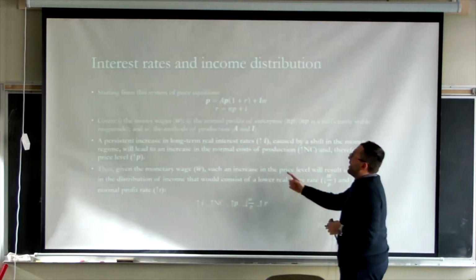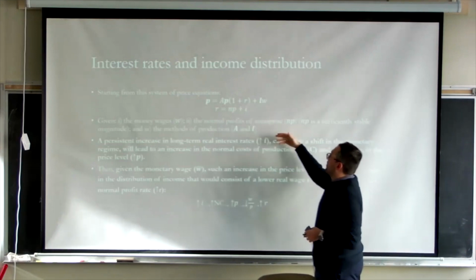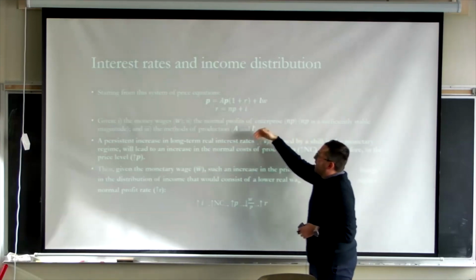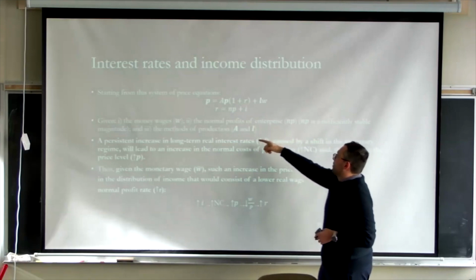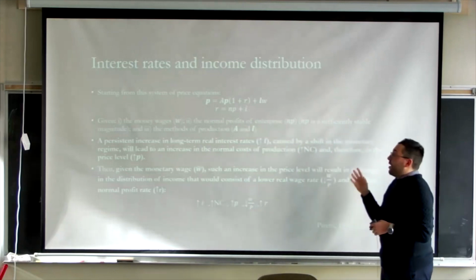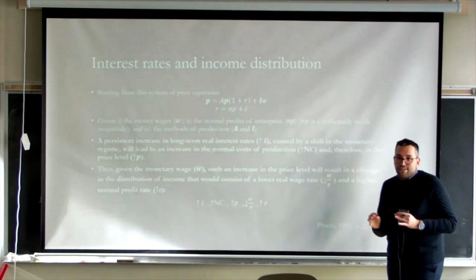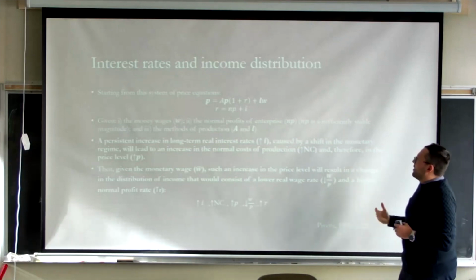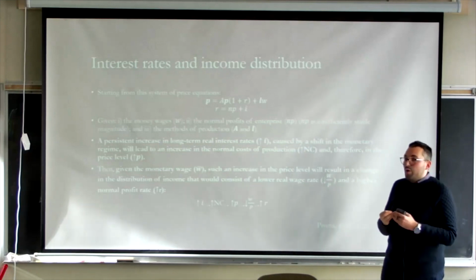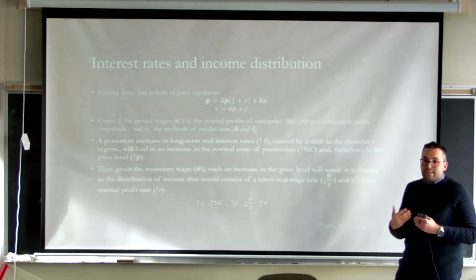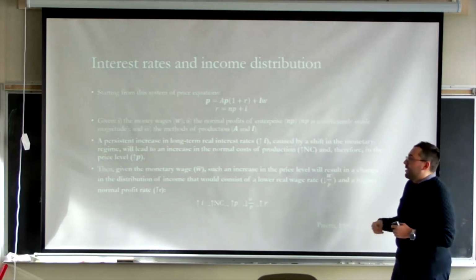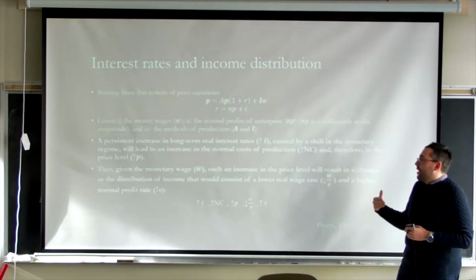Given the money wages W, given the normal profits of enterprise P, which is a stable magnitude, and given the methods of production, so the matrix A and the vector of labor coefficients L, a persistent increase in the long-term real interest rate, caused by a shift in the monetary regime, can lead to an increase in normal production cost and, via this, an increase in the price level.